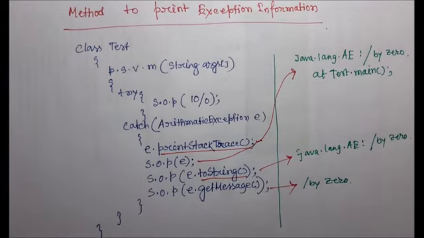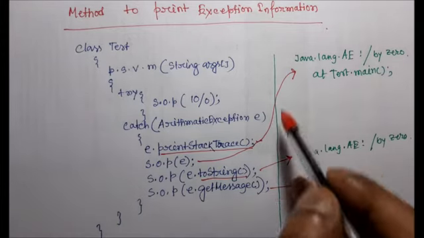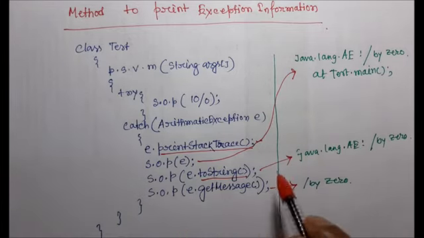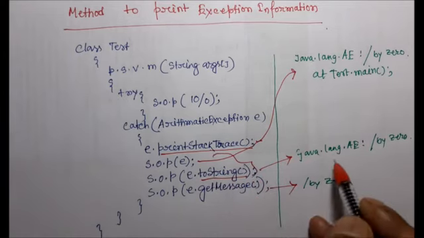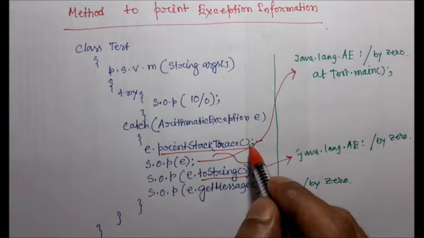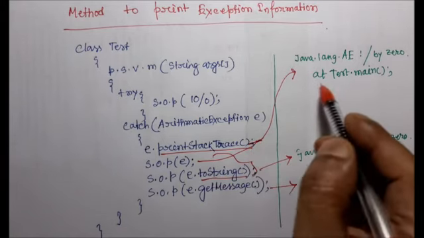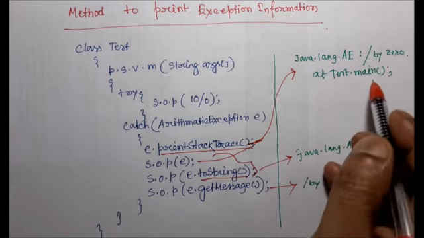So from this we can conclude that we have three methods: the first is printStackTrace, the second is toString, and the third is getMessage. We can use one of the methods. The exception toString output is printed only by the toString method, and printStackTrace includes this also, along with the location.